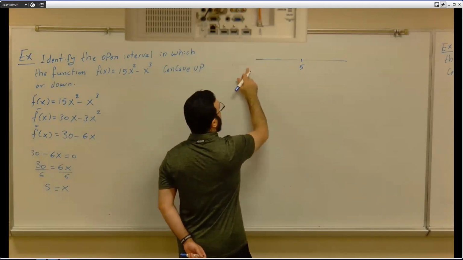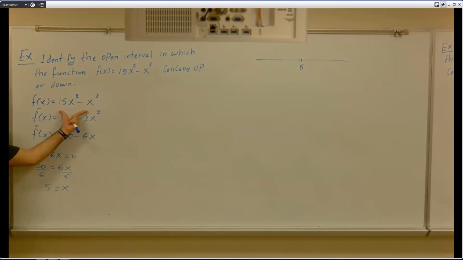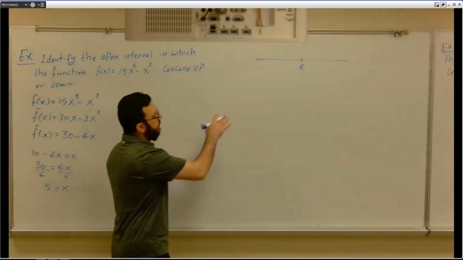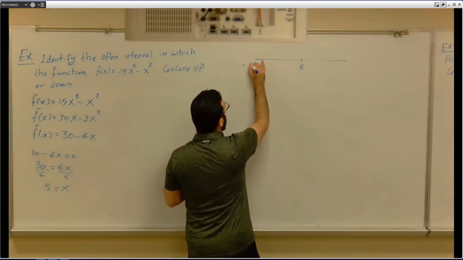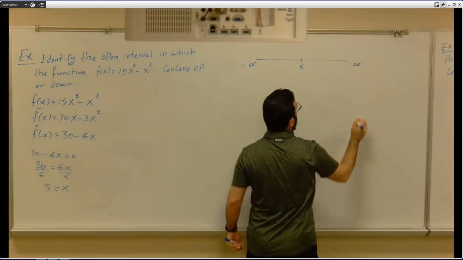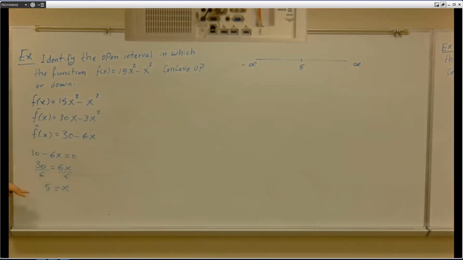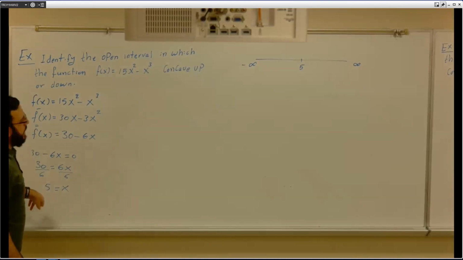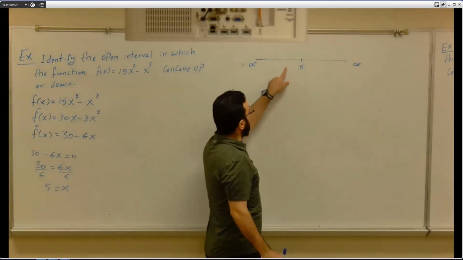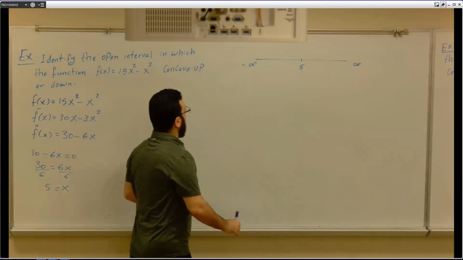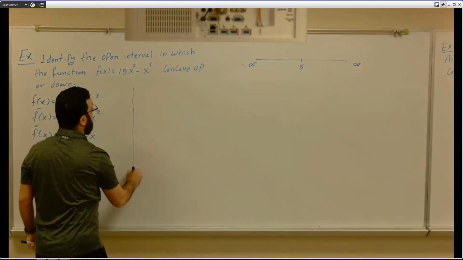Now my interval: this is a polynomial, which means the domain is all the positive and negative numbers. So my domain is from negative infinity to positive infinity, because it's a polynomial. Here's my critical number. Now I'm going to pick any number on each side.